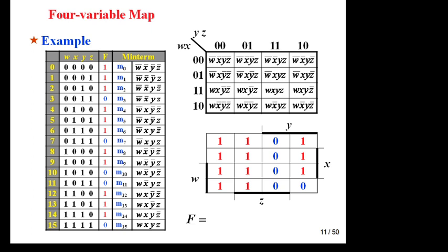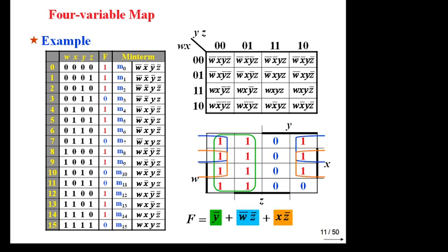In case of pair, it eliminates only one variable. So you will give the preference to quad, but you have to check whether that quad or octet is EPI or not, okay. So this one octet, this value y bar, w bar, z bar, and this x bar.